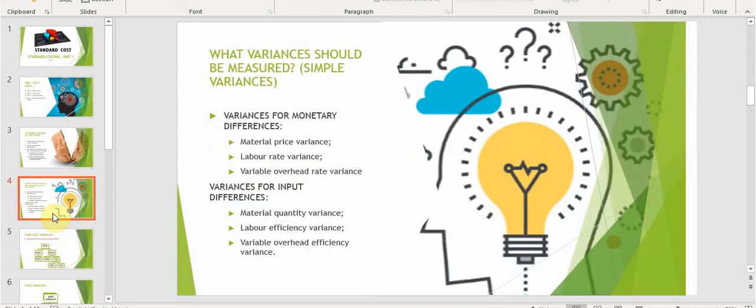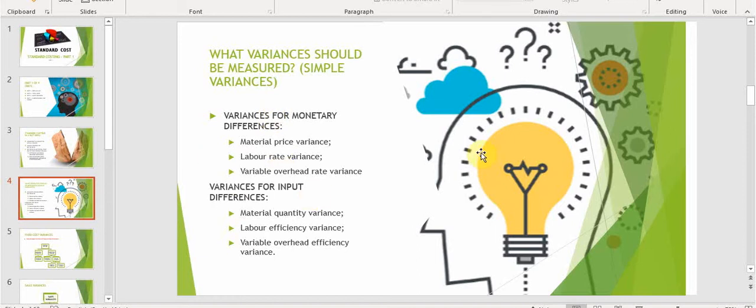What variances do we measure? Well, on this slide, I've now put the variances that apply to this lecture, this part 1. Of course, we will add variances as we go along until we get up to part 4. In this part 1, we are going to look at variances caused by monetary differences, and then variances caused by input differences.